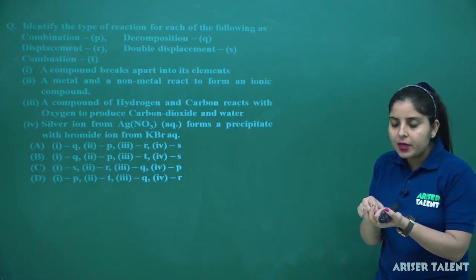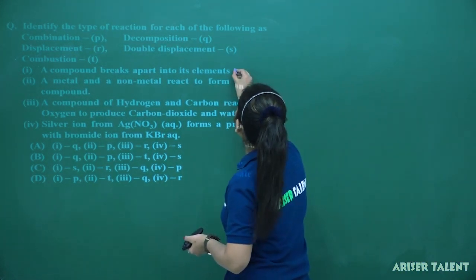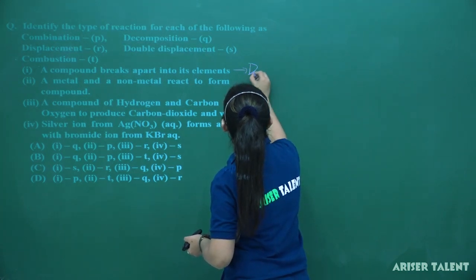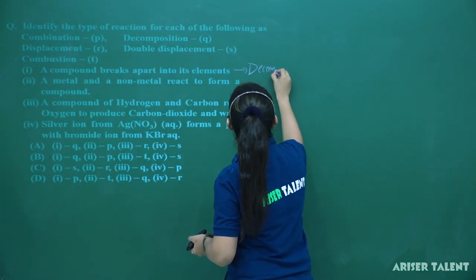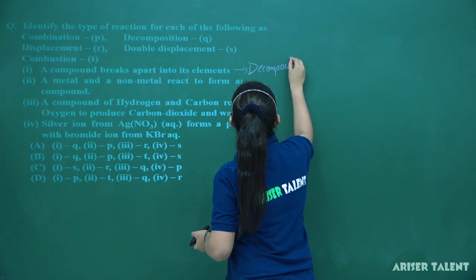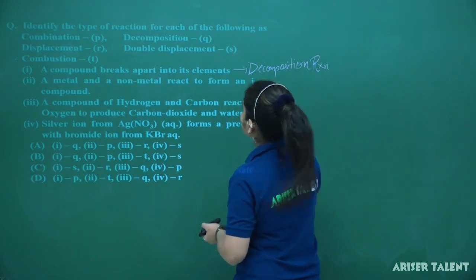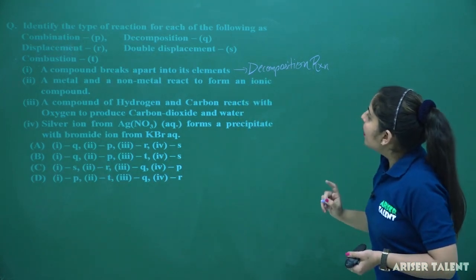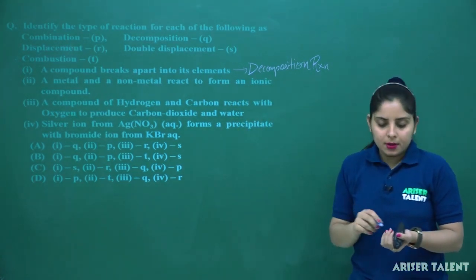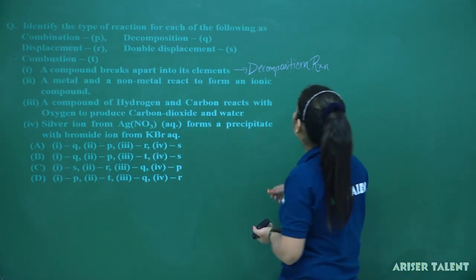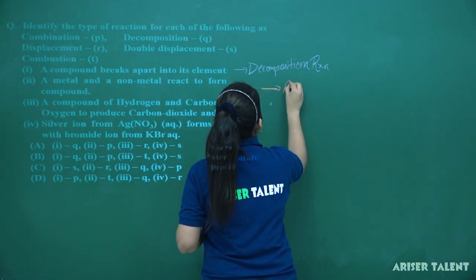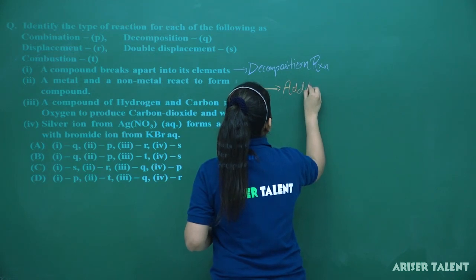If some compound is broken into some sort of elements, this type of reaction can be considered as a decomposition reaction. Metal and non-metal react to form an ionic compound. If there is a formation of some sort of compound, the reactions are considered as addition reactions.